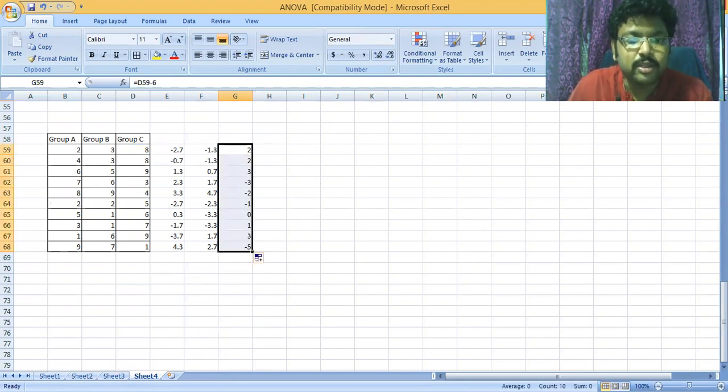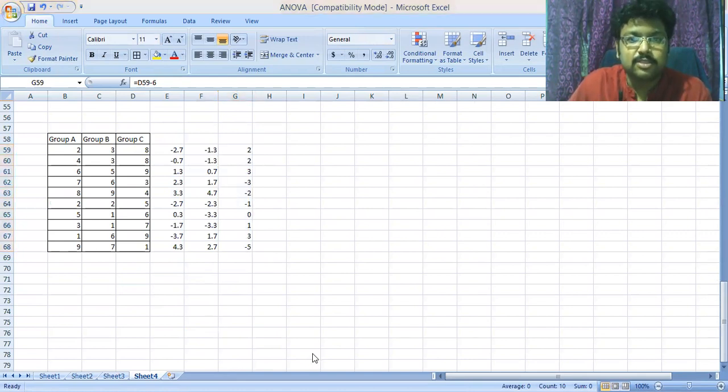We are following the same formula, but here you can write it this way: copy and paste, and here is the mean of the group. If group 1, then group 1, and if group 2, then group 2, in this way.